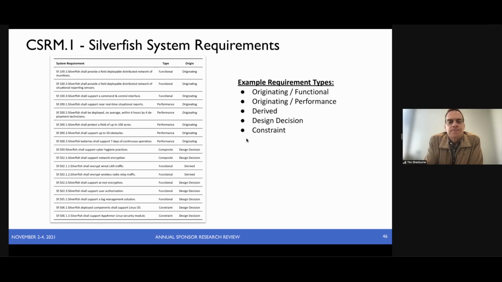So I just want to give a snapshot here of the various types of system requirements that we've captured for Silverfish.